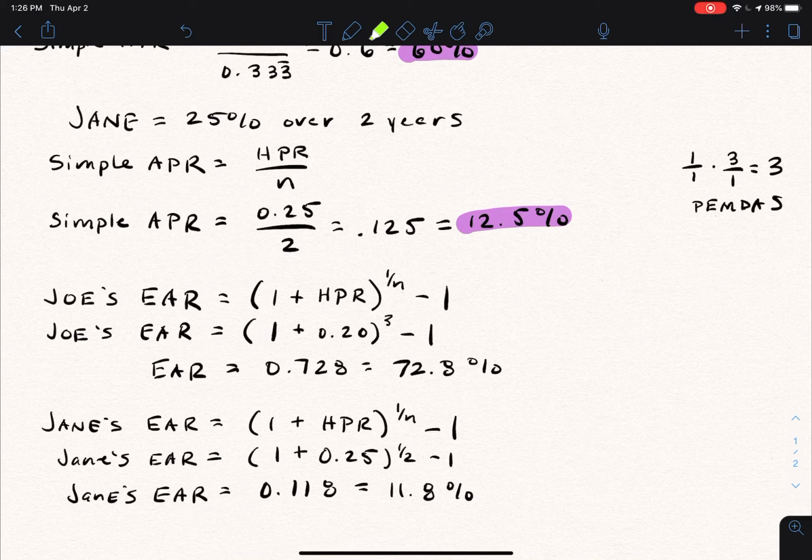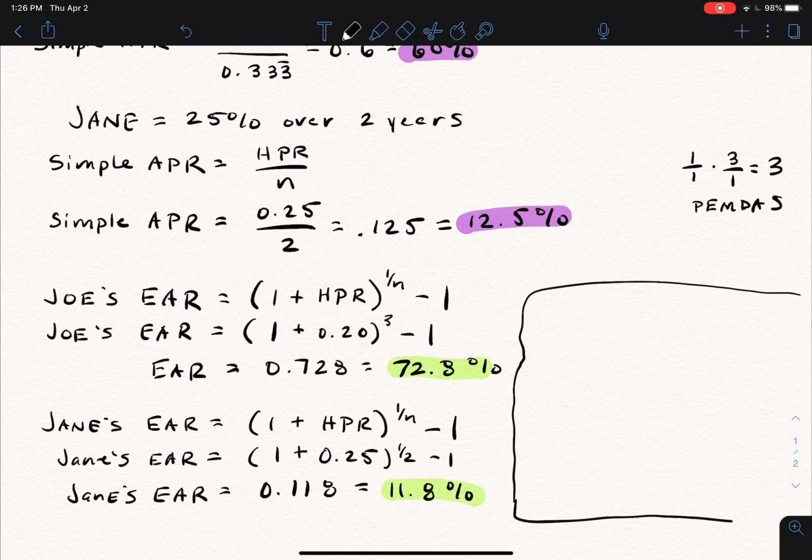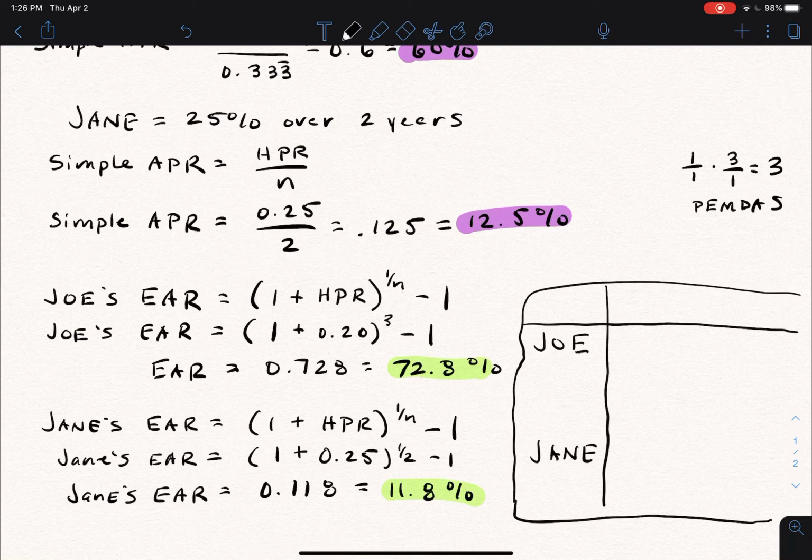Okay, so let's summarize what we have found just by working out these two problems, and maybe I can do it over here just as a table. Let me see if I can just create a little table for us. So we have Joe, and we have Jane, and we have our return.